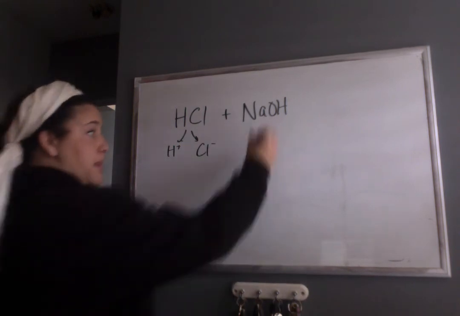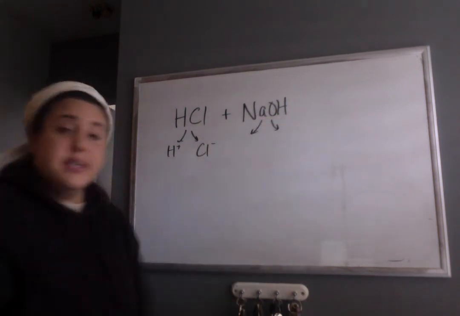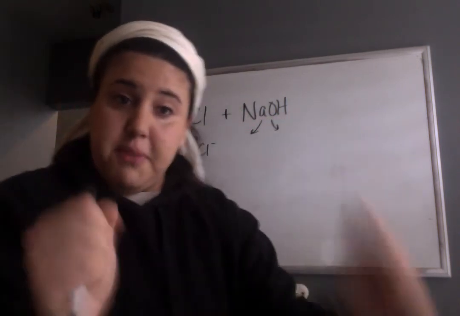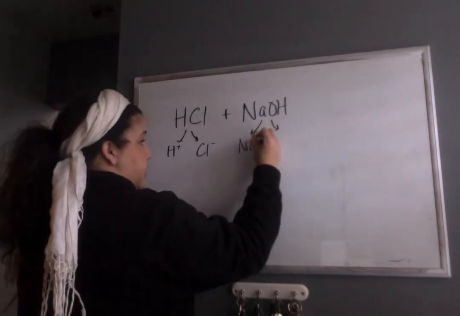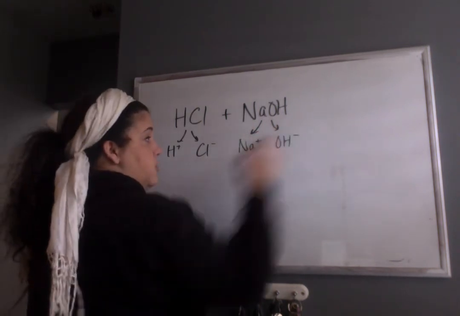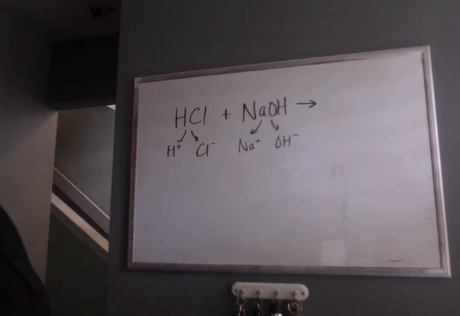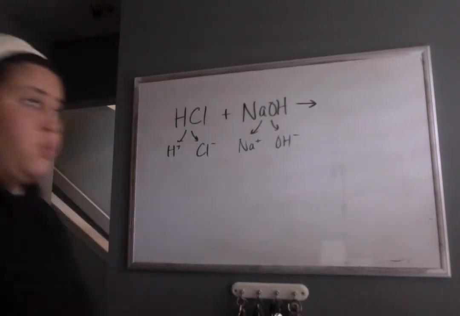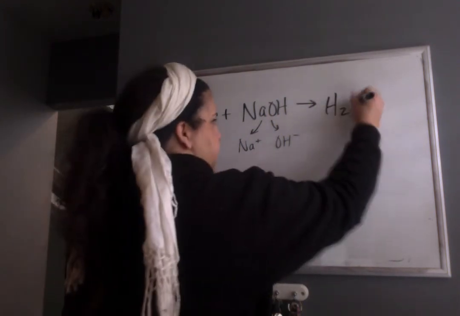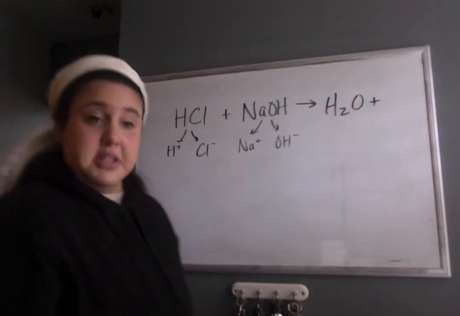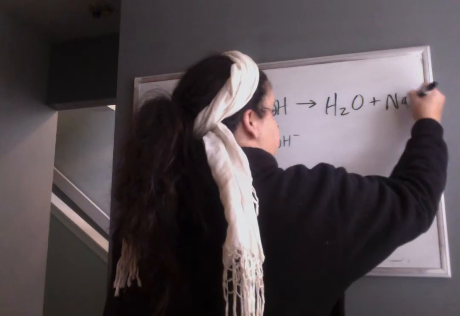Sodium hydroxide, another ionic compound in solution, will break apart to form Na+ and hydroxide negative. Now, when I think of neutralization, my acid and my base form water and a salt. In this case, the salt that I form is sodium chloride.